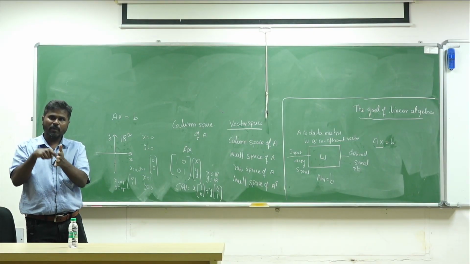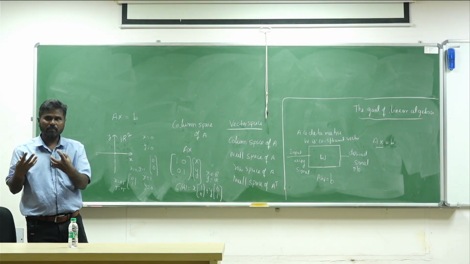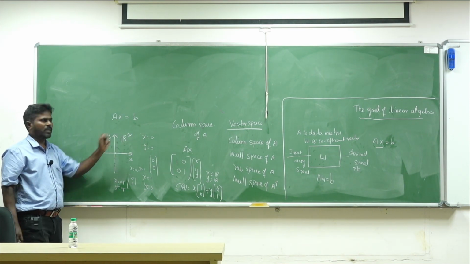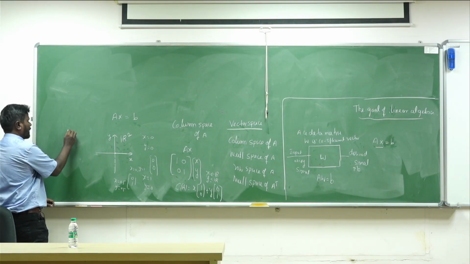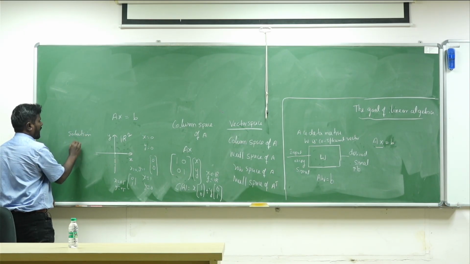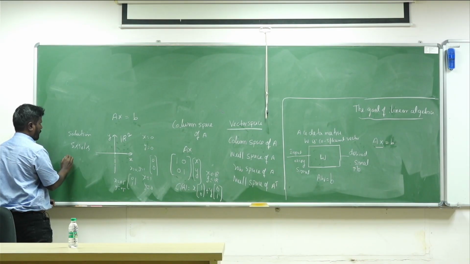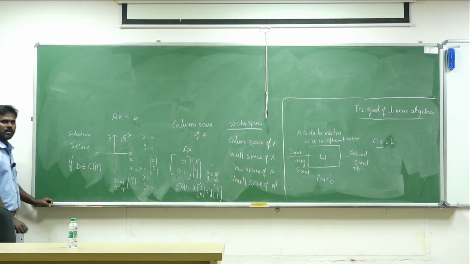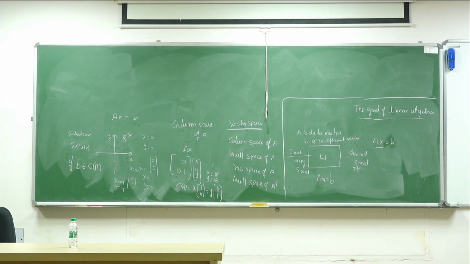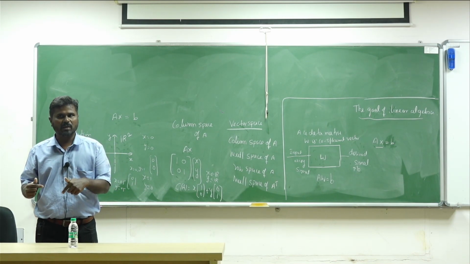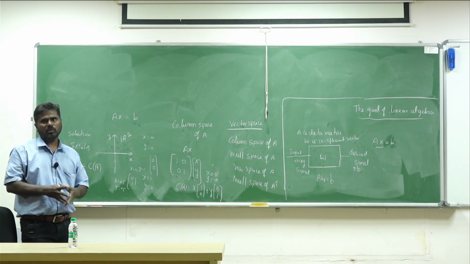B should come from the column space of A. So the first thing is, the solution exists if B belongs to the column space. If B is coming from the column space of A, then you will have the solution. If B is not coming from the column space of A, then you will not have the solution.